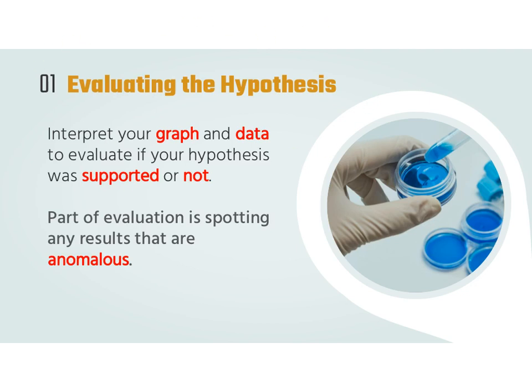So, when we record the results of our experiment or we represent our results in a graph or in a table, or when you represent the data, you have to interpret the graph or the data that is collected. And finally, after interpreting the data or the graphs, you have to evaluate if your hypothesis was supported or not.